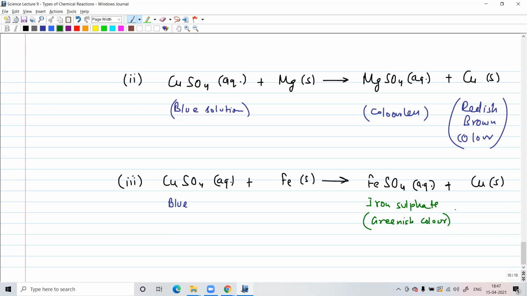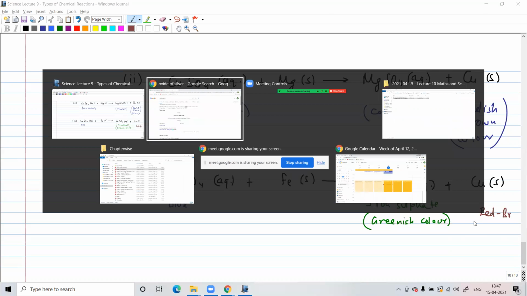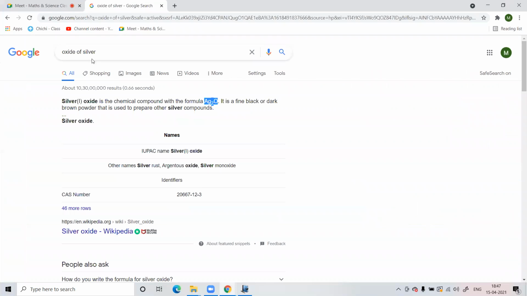So if we use the word ferrous instead of iron, sir. Ferrous sulfate, how do we call it? Yes, sir. If it is iron sulfate, we'll call it ferrous sulfate. Yeah, but names can be different.